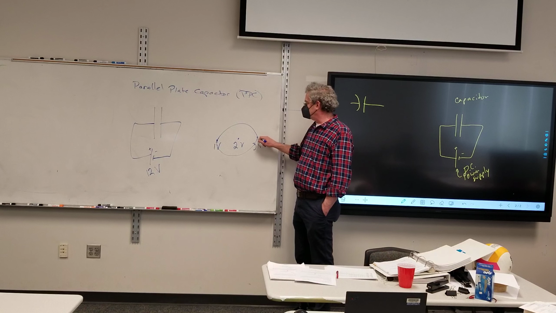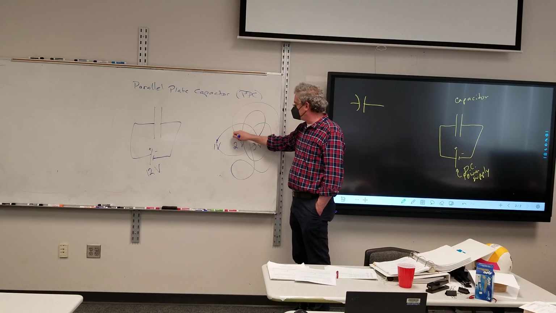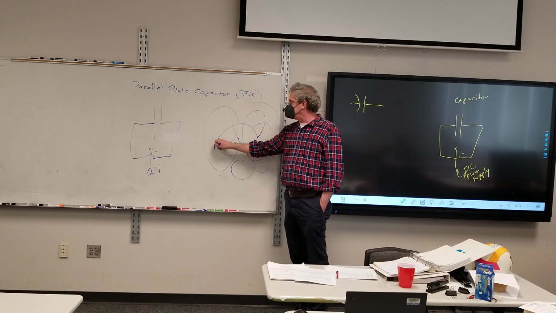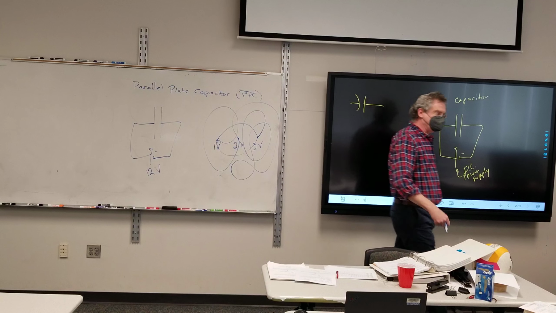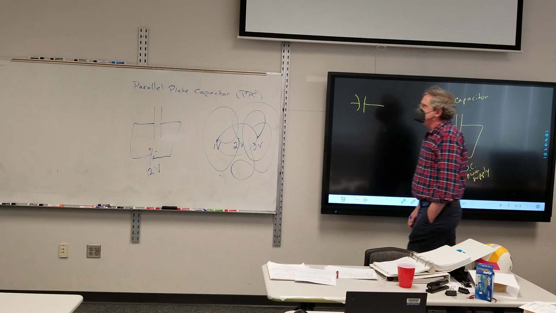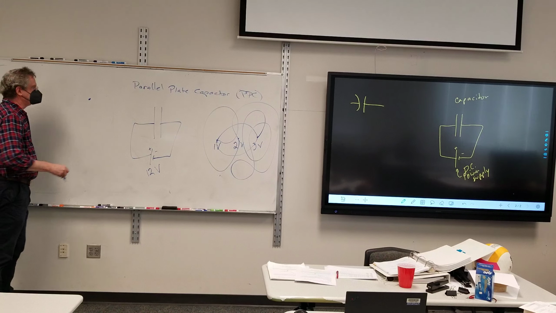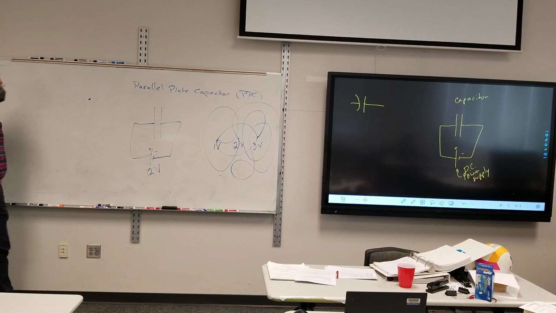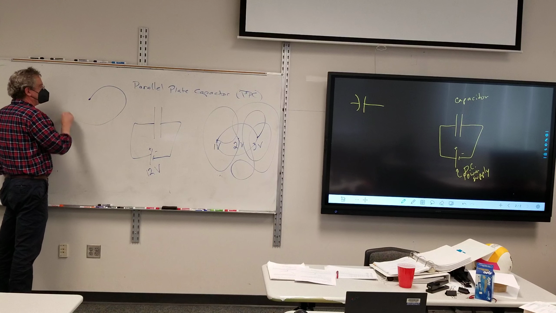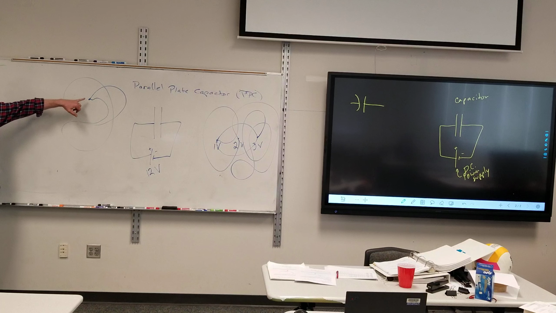If I start here and take some bizarre path, go through that one, and end up here, negative 2 volts. So the path does not matter. So if I start at this point at some electric potential, and I move around and come back exactly where I was, what is my voltage between this spot and itself? Same.